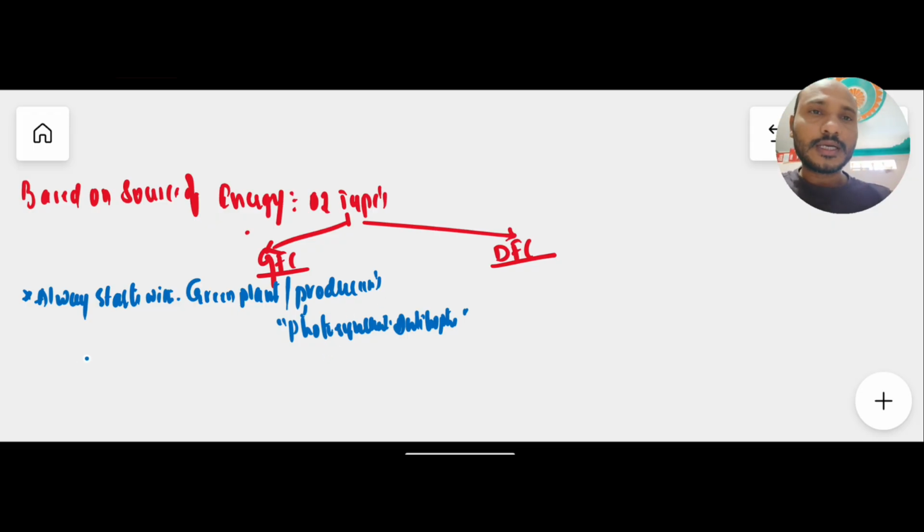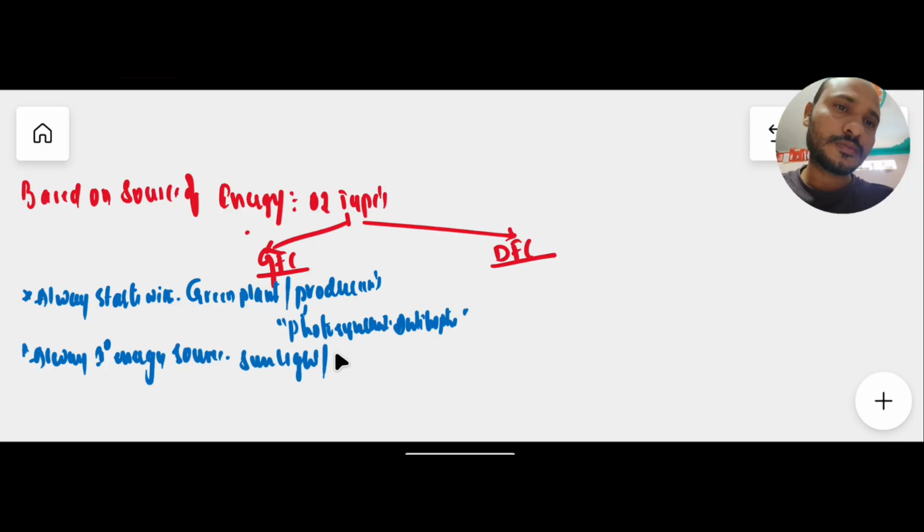And here, about grazing food chain, the primary energy source is always sunlight, or simply we can use another term, solar radiation. Remember, this GFC is a major pathway, very important.